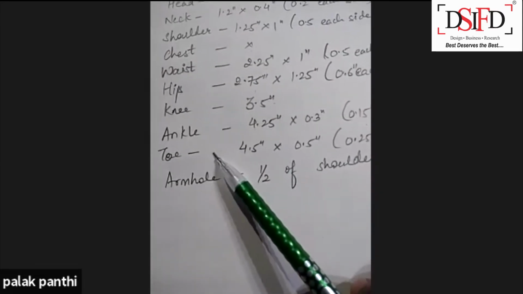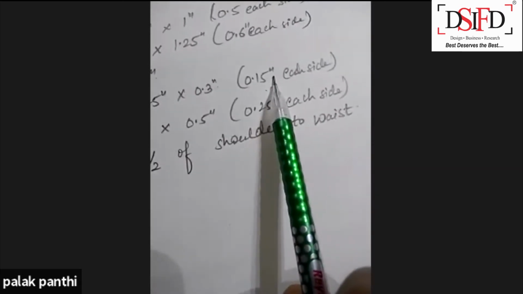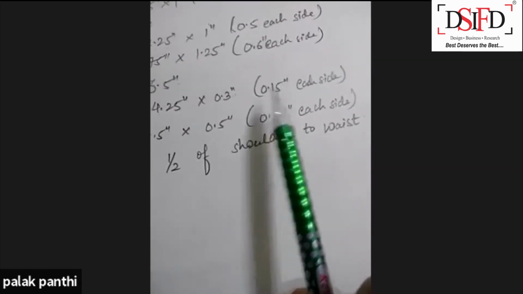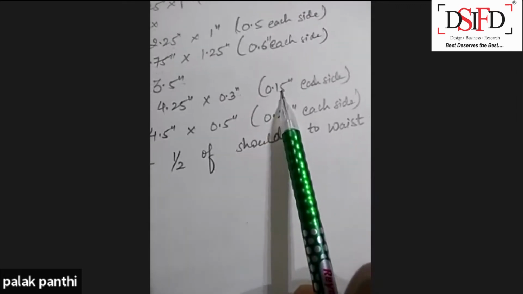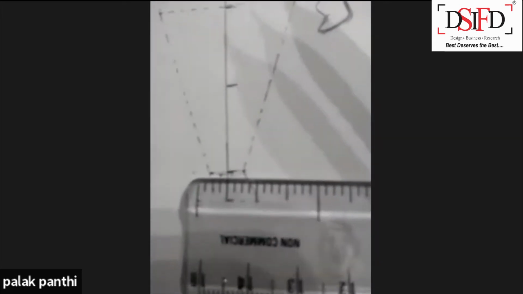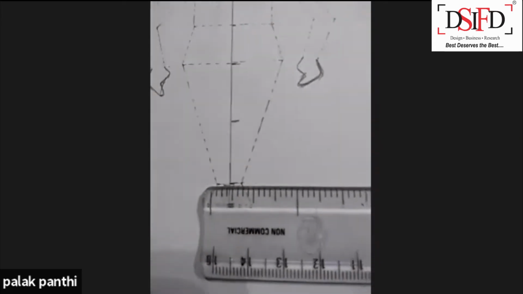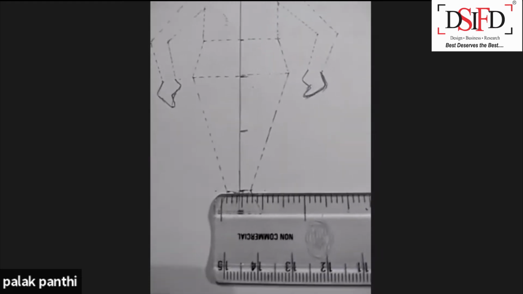Ankle, we have 0.3. Now 0.3 divided by 2, we get 0.15. This is our ankle. So we have to mark 0.15.